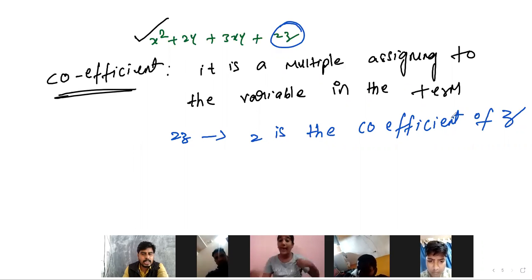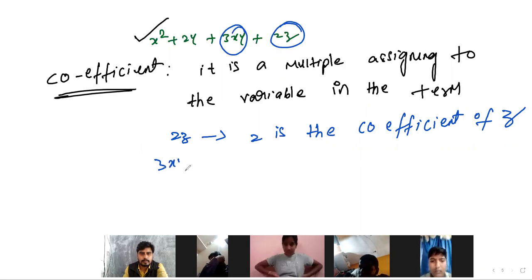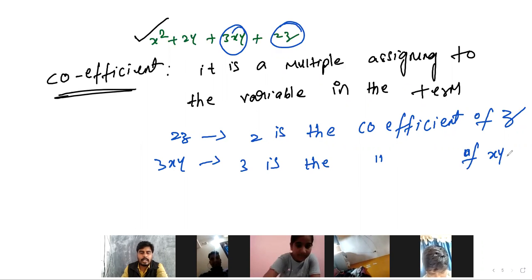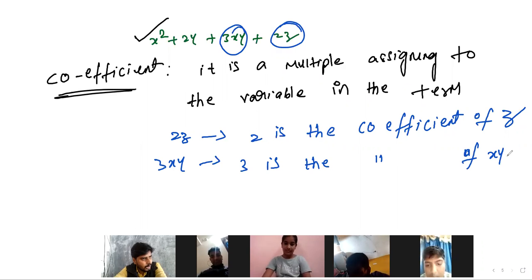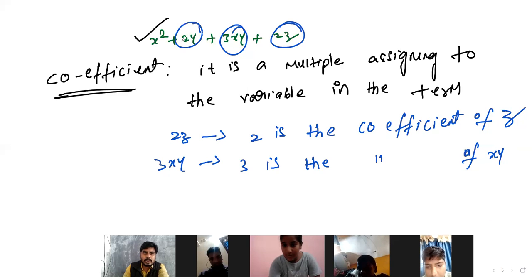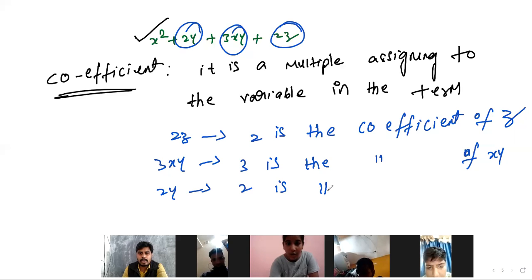In the 3xy term, 3 is the coefficient of xy, where the variables involved are x and y. And in 2y, 2 is the coefficient of y.